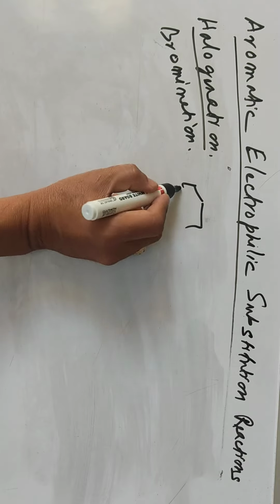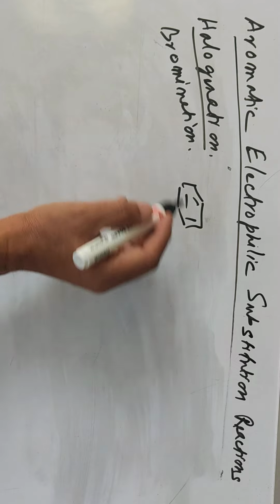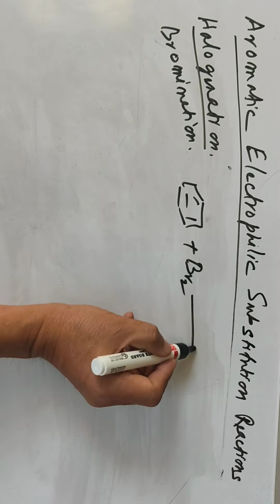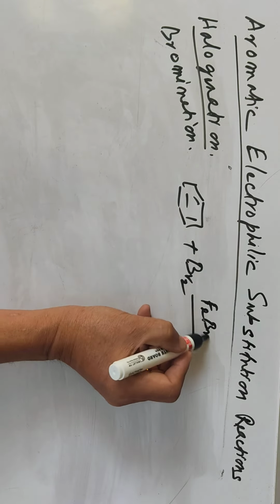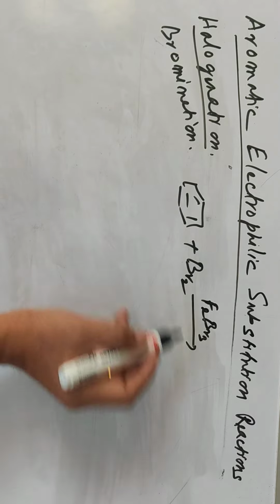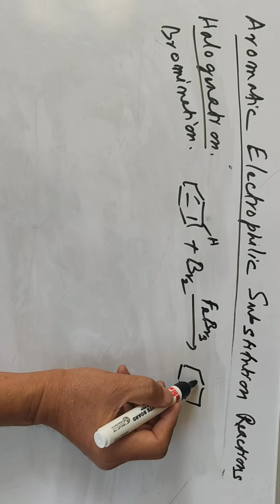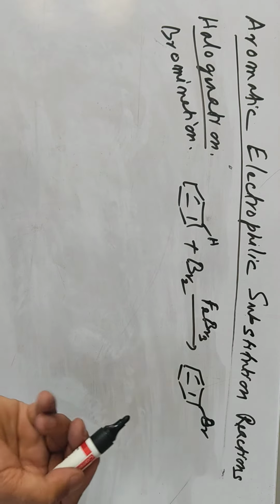The benzene ring reacts with bromine in the presence of a Lewis acid, FeBr3. FeBr3 acts as a Lewis acid catalyst and forms a reactive species, and the hydrogen is replaced by bromine. So bromination takes place, and this is the product.